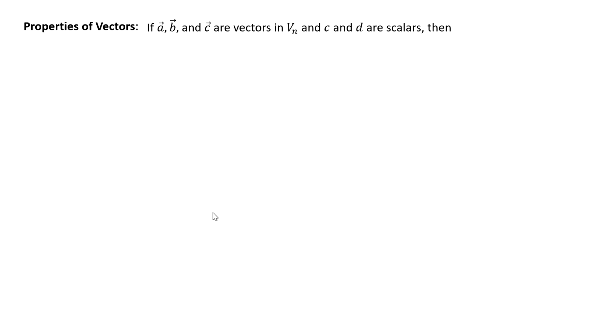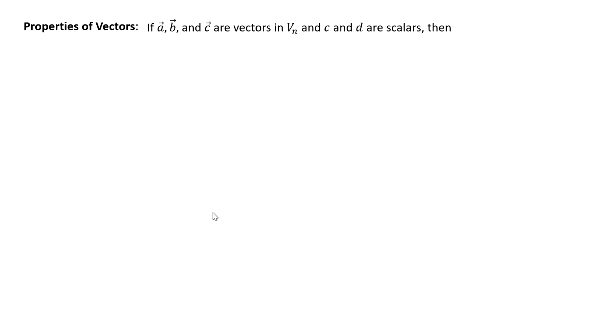All right, next, properties of vectors. If A, B, and C are vectors in V sub n, what in the world is V sub n? Well, that's a fancy word, vector space.